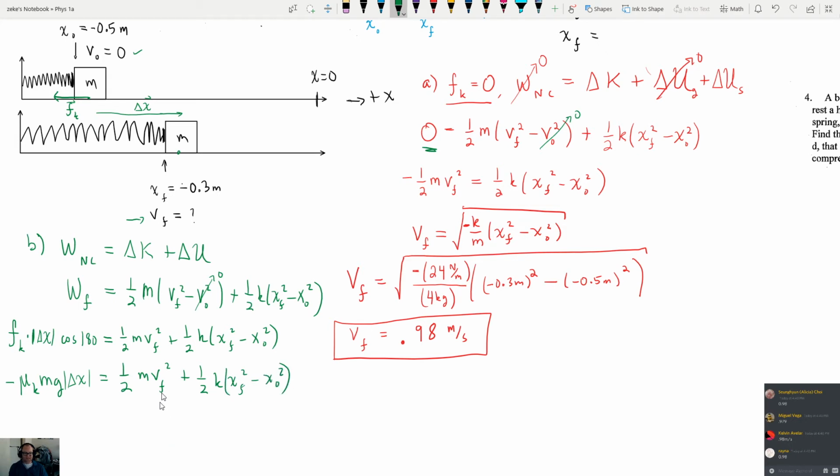Now we just need to isolate v final. So we'll add this term to the right-hand side. Or maybe, it doesn't really matter what we do. So we're going to have negative 1/2. We'll add this term to the right-hand side, so we'll have mu k.